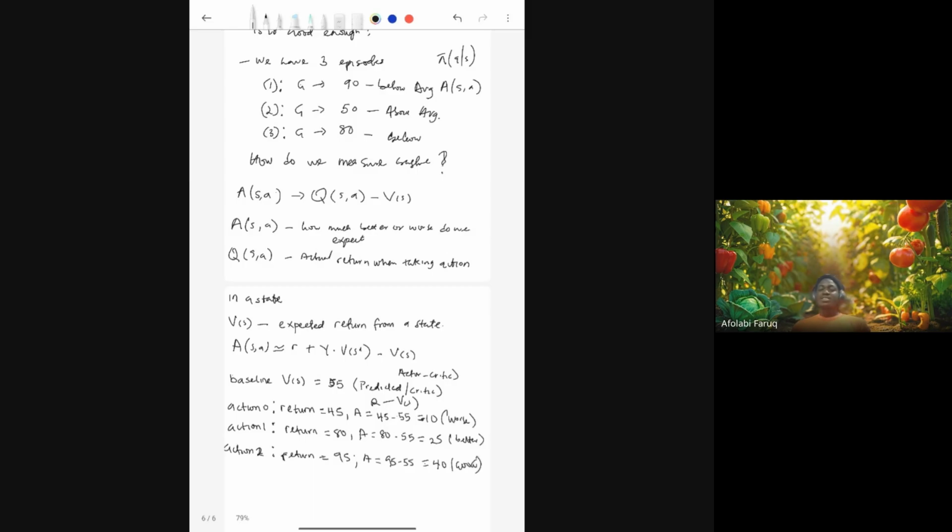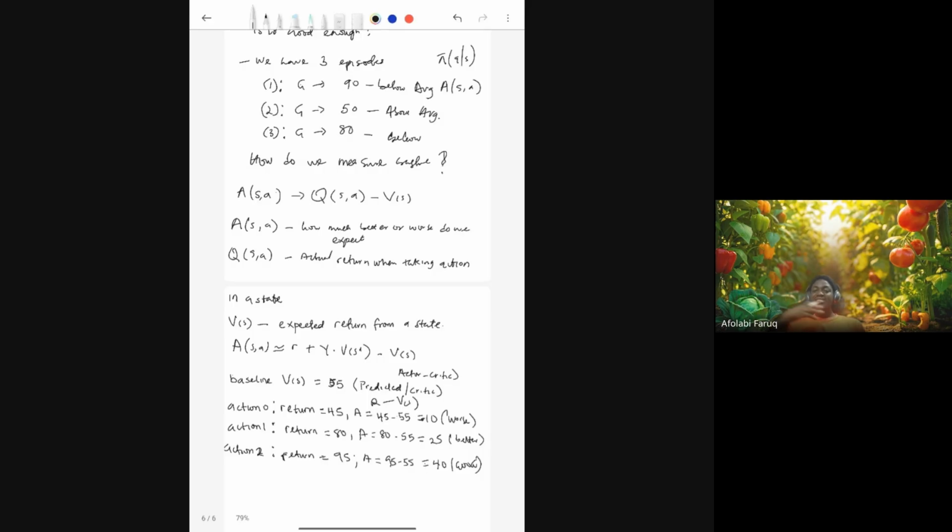Because the advantage is going to help us calculate the expected return. If the critic is telling us this is what we are getting as a reward, and the baseline expected return is telling us this is what we are getting, we can find the difference and know what advantage we have.